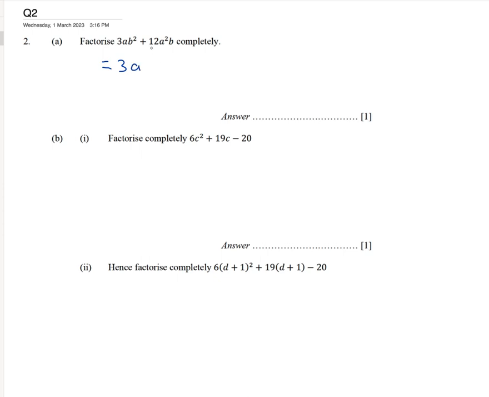And the b terms is ab. Now we have taken out ab, so one more b is left, because b times b is b squared. Plus, we have taken out the factor 3 from 12, so we are left with 4. We've taken out 1a, so 1a is left. b is also taken out.